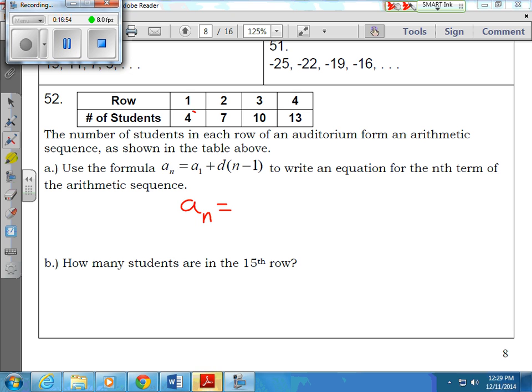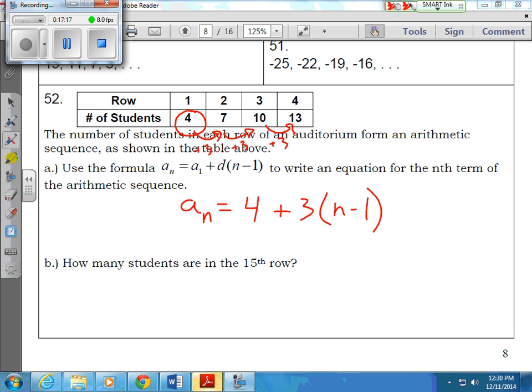Okay, so it would be the number in the first row, which would be 4, plus d. D, which is going to be the jump. So since it's increasing 3, increasing 3, increasing 3 each time, it's going to be plus 3 times n minus 1.